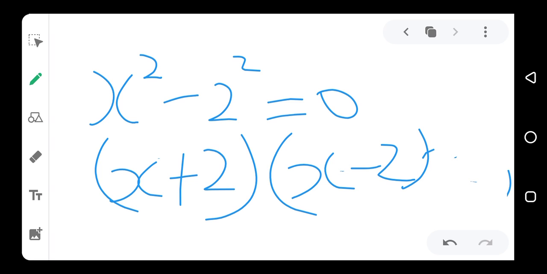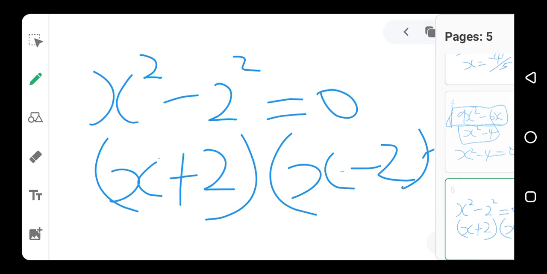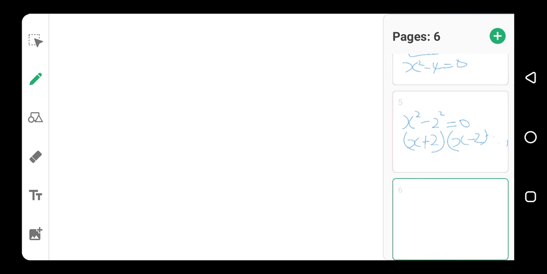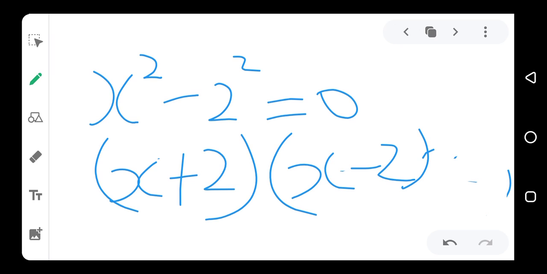Remember that this is equal to 0. So it is either x plus 2 is equal to 0 or x minus 2 is equal to 0.